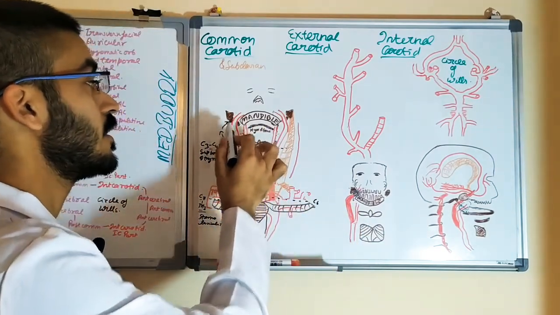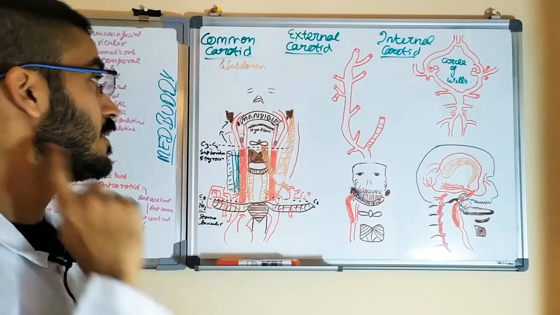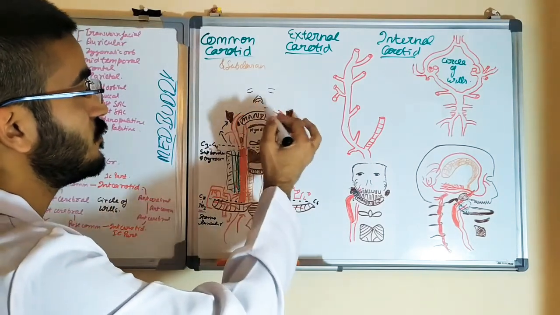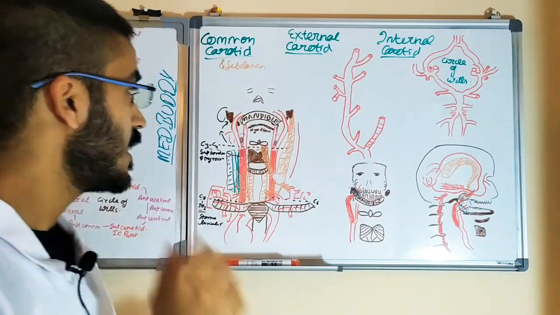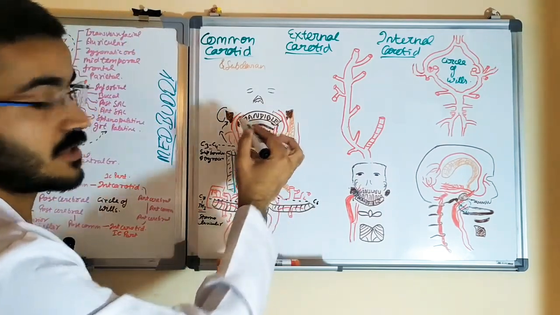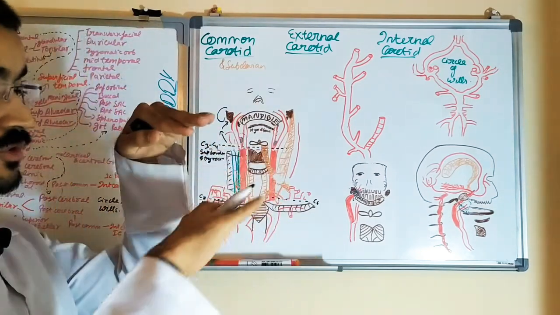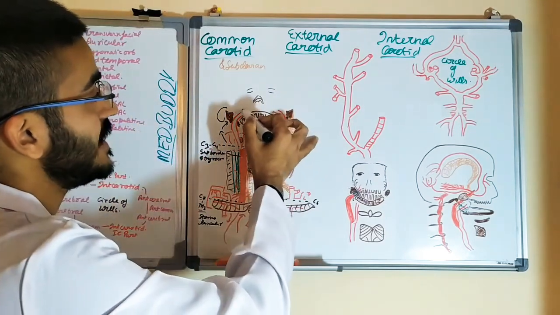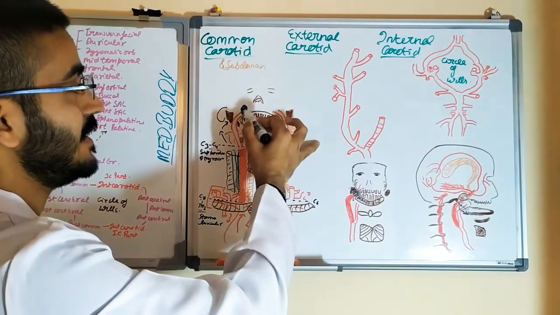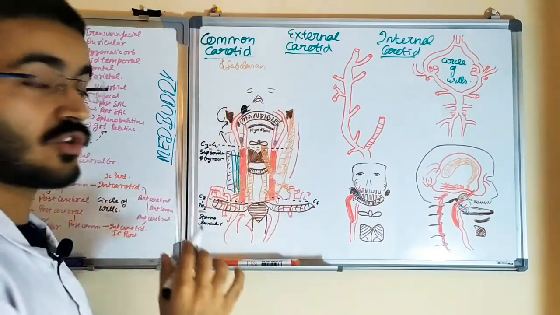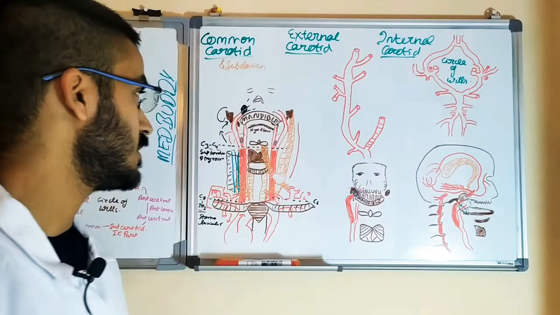It moves upward and reaches right behind the ear, and here it reaches between the mastoid process and the styloid process. It moves above the styloid process and below the mastoid process and enters the parotid gland. It enters the parotid gland, and it enters the region of the face and gives branches, which we will talk about further in the lecture.